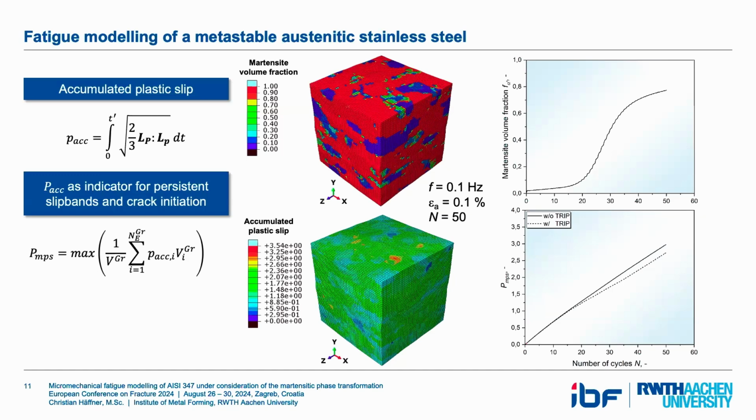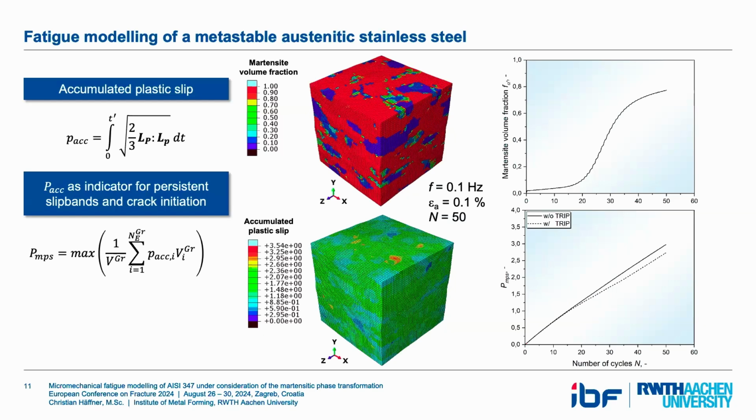So I have performed one simulation with and without TRIP, the same model, same parameters, just phase transformation switched on and off. And what we can see here, first this is the one without TRIP, so it follows a linear line, which could be extrapolated up to a huge number of cycles. However, with this TRIP effect, it somehow deviates, and you can clearly correlate this with the exponential increase of the martensitic volume fraction. This is expected, that it's not fully linear anymore.